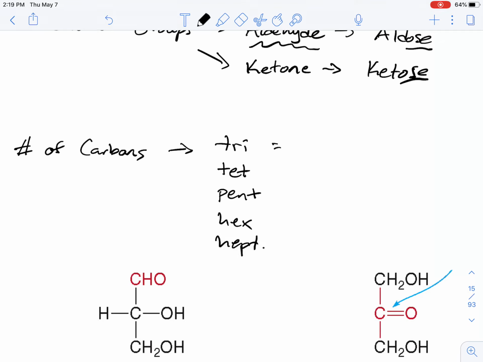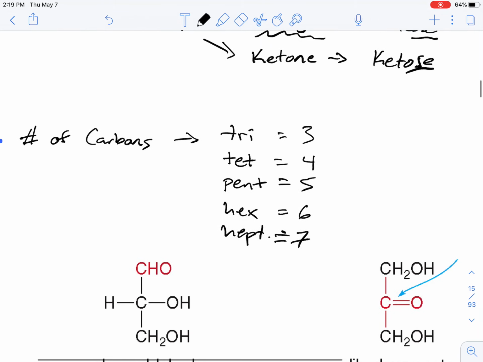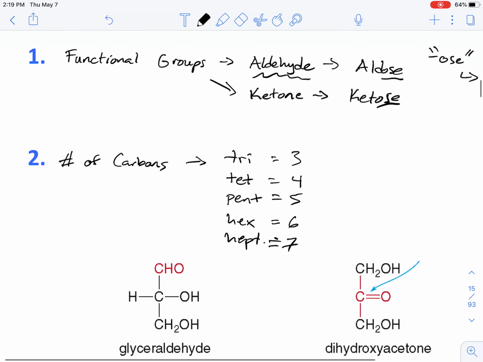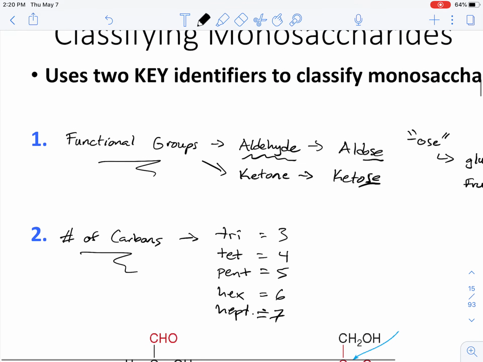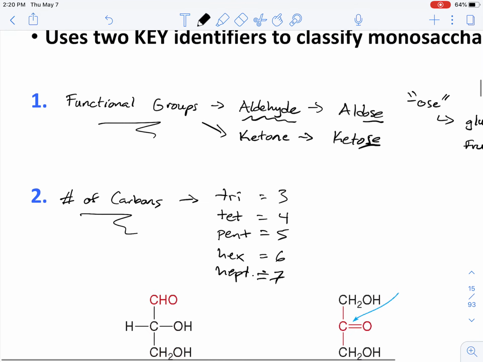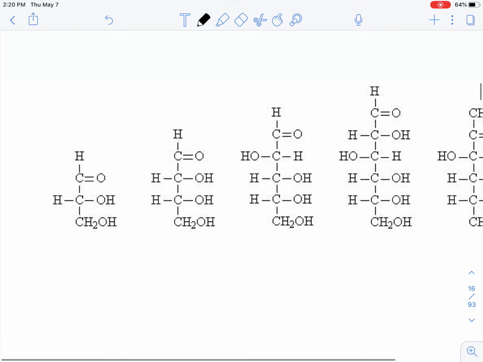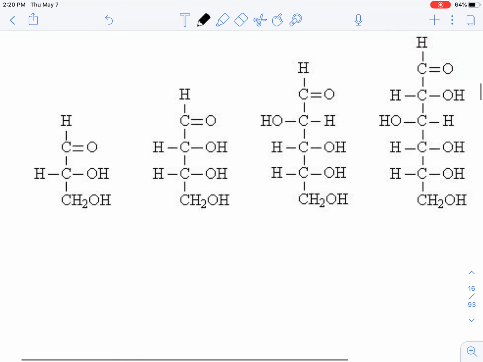And so tri means 3, tet means 4, pent is 5, hex is 6, hept is 7, oct, non, etc. So oct is 8, non is 9, dec is 10. And so what we're going to do is use a combination of the functional groups and the number of carbons to classify our monosaccharide. And so we're going to go ahead and look at a couple of examples.